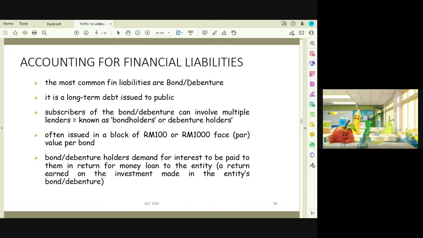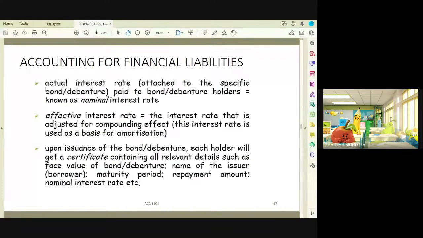Normally the bond is issued in blocks of 100 or 1,000 face or par value. Bond or debenture holders demand interest to be paid to them in return for money loaned to the entity, the return earned on the investment made in the entity's bonds or debentures. The actual interest rate attached to the specific bond, paid to the bondholder, is known as the nominal interest rate.